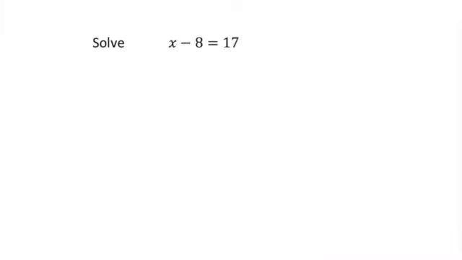In this question, I'm asked to solve for x, where x subtract 8 equals 17. So I want to have x on one side and a number on the other side of my equal sign. Right now, the subtract 8 is in the way of me just having x on one side. So I need to do the inverse of subtract 8, and that is to add 8.